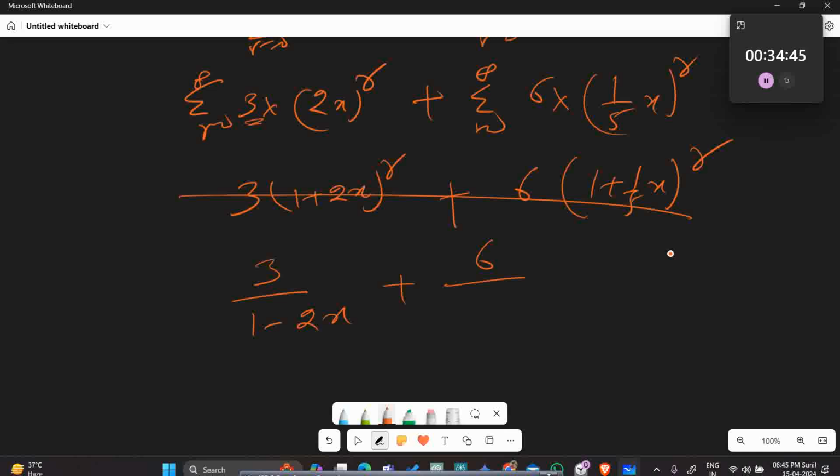Minus 5x is not good. 6, 5 to a of 5 to minus r, like this. 5 to 5, that is 1 plus 1 by 5x, I think. Is like that.